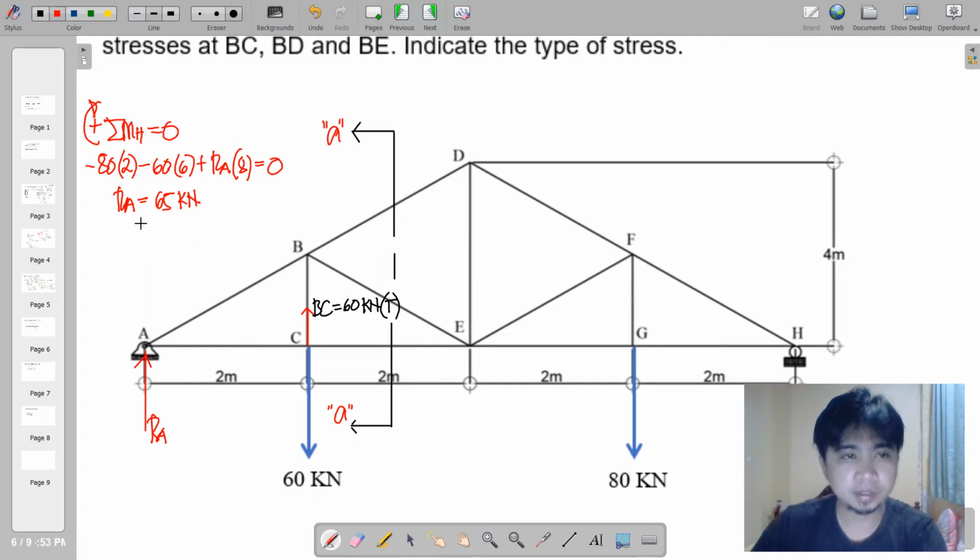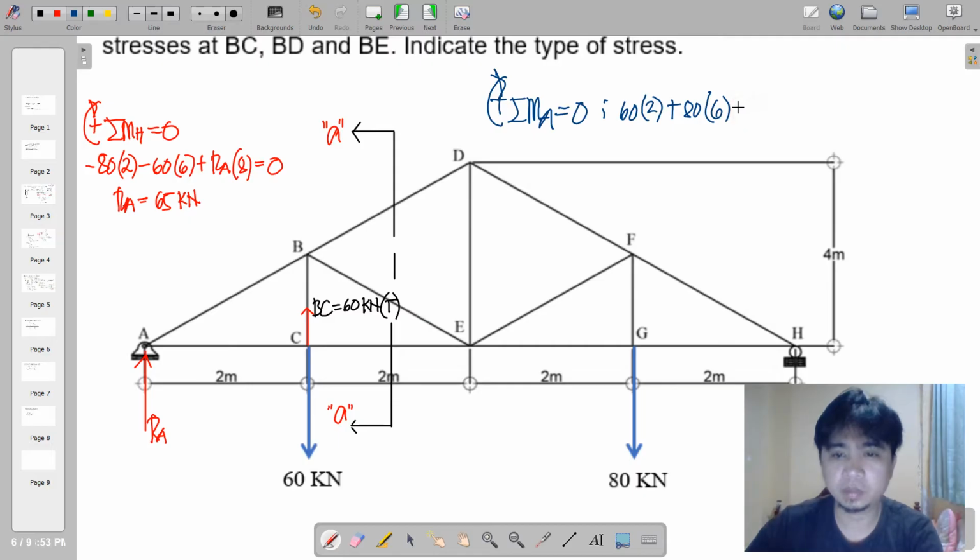All we need is RA, but we need to ensure that RA is correct through our check mechanism, using the other equilibrium equations like summation of vertical forces. For our check, we're going to take moments at A equal to 0. First we have 60 times 2 plus a clockwise 80 times 6.